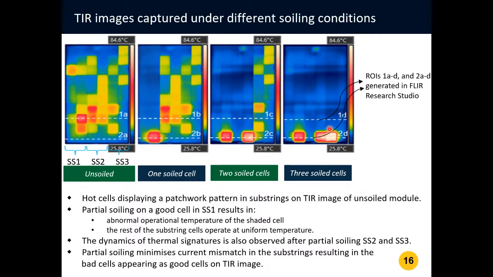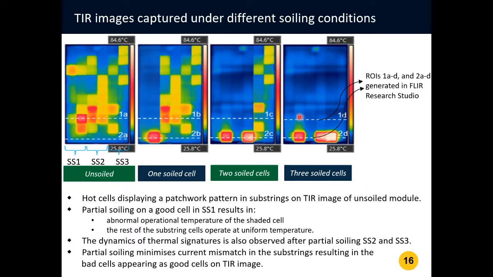So partial soiling on PV cells minimizes current mismatch in the substrings, resulting in the bad cells operating and appearing as good cells on the TIR image.